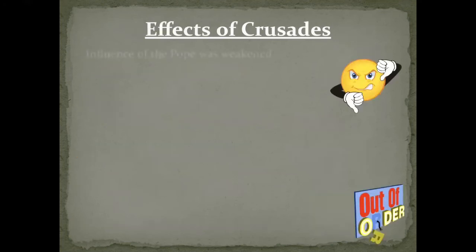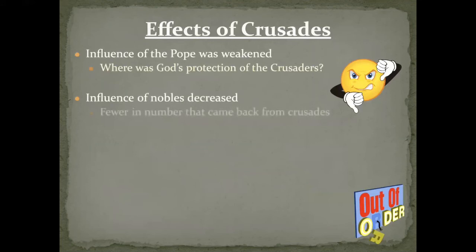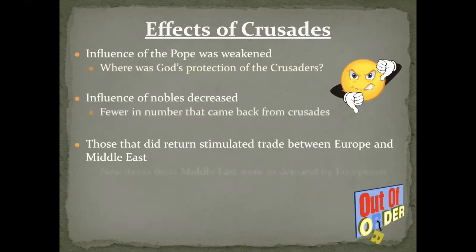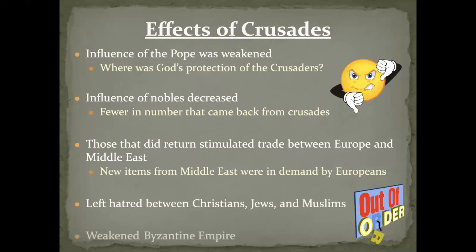And then some effects of this were the influence of the Pope was weakened, because where was God's protection if there were crusades? And why were the Crusaders dying, especially like the children that didn't return home? The influence of nobles decreased, so fewer of them came back from the Crusades because many of them were fighting.